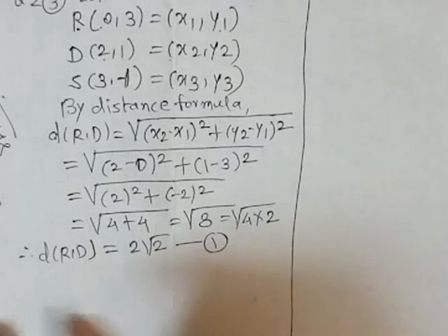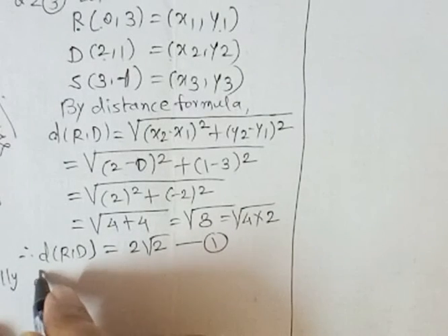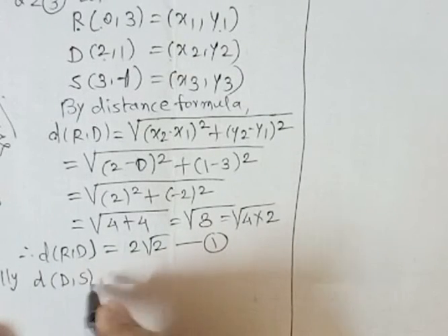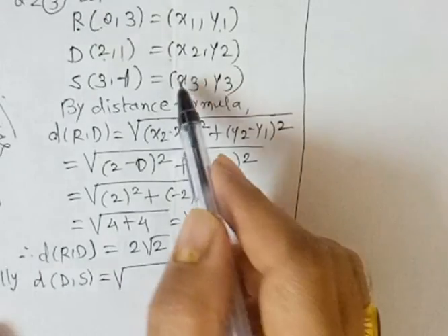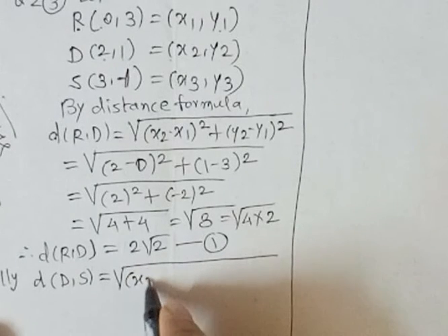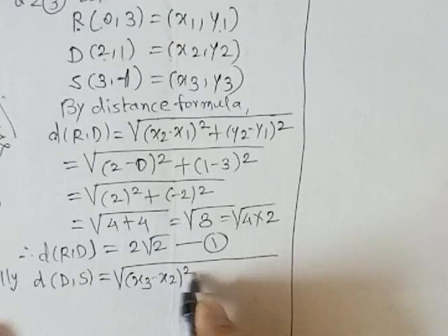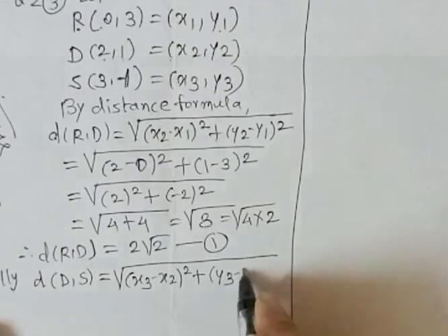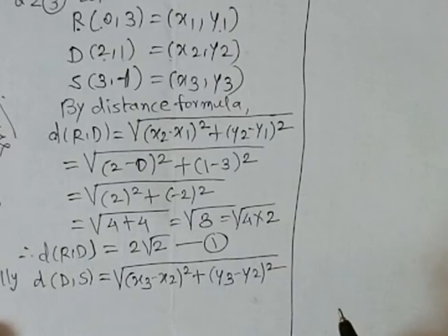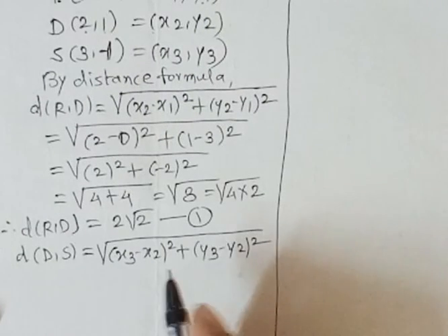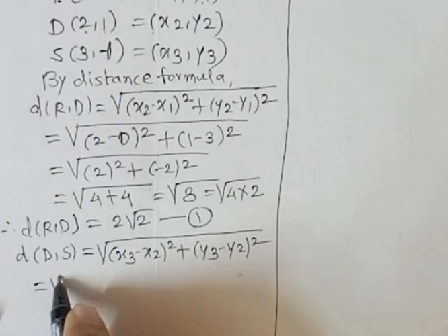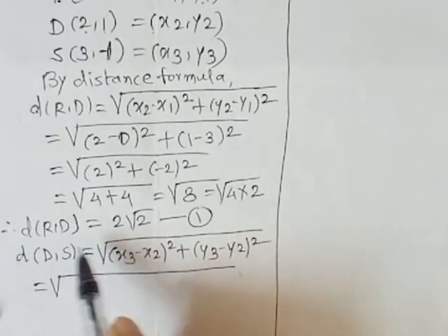Similarly, distance DS is equal to under root (x3 minus x2) to the whole square plus (y3 minus y2) to the whole square. Now tell me x3 and x2. This is equal to under root x3 is how much?